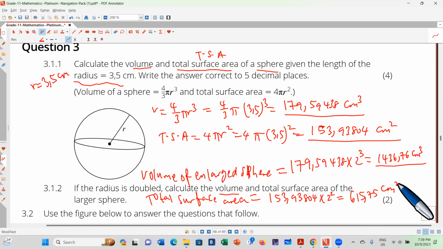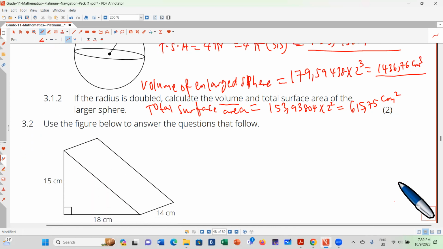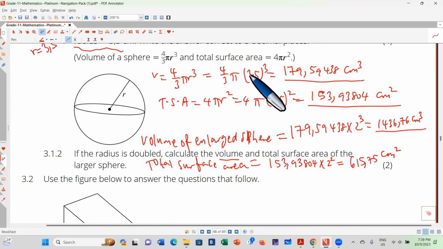Next question. Because if the radius is doubled, to find the volume we have just multiplied by 2 cubed. Why 2 cubed? Because you just look at the radius. If it's doubled, then the radius is being cubed, so you take the 2 that is doubling, and then you cube. But also here, you double the radius, so the radius is going to be multiplied by 2 squared.